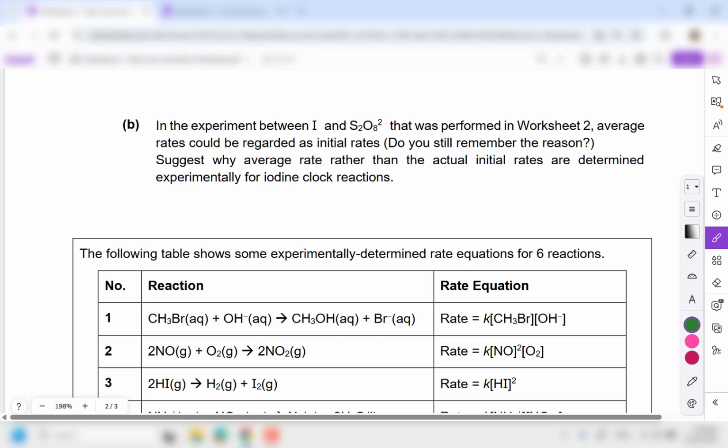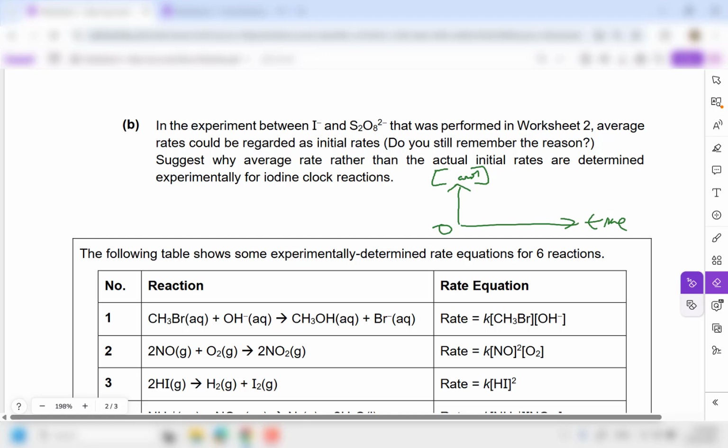Then how do we determine the initial rates if we really want to do that? If we really want to do that, then we need to have the concentration of an appropriate reactant and plot it against time. It can either be a reactant or, in our case here, a product, because we are looking at iodine.